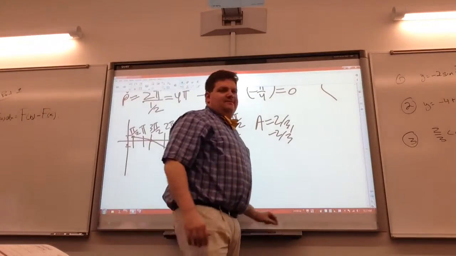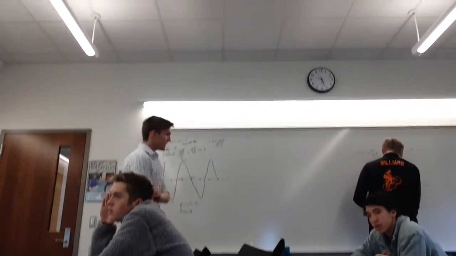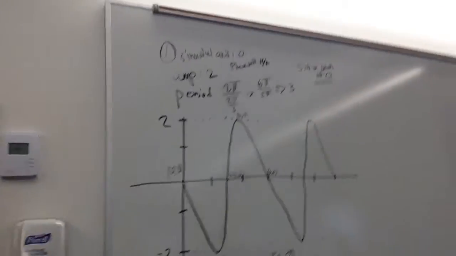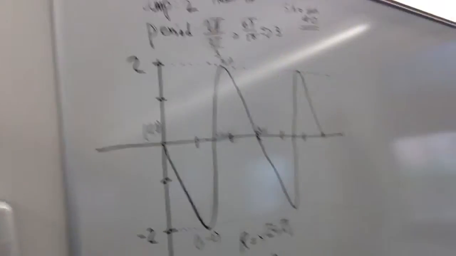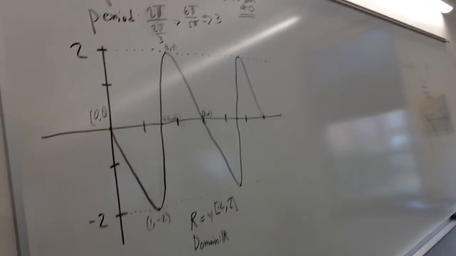Let's see what Carl and George did. So let's see Carl's. You had a negative amplitude, so you start going down first. You were the sine.